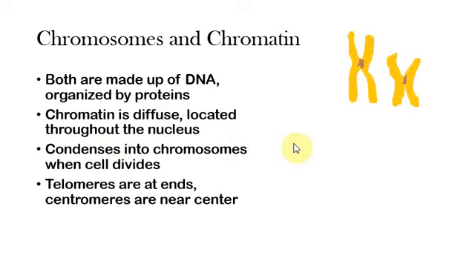But like I said, those histones allow chromatin to condense into chromosomes, and that happens whenever the cell begins to divide in a process called mitosis. Just a basic kind of structure of how chromosomes and chromatin are organized.